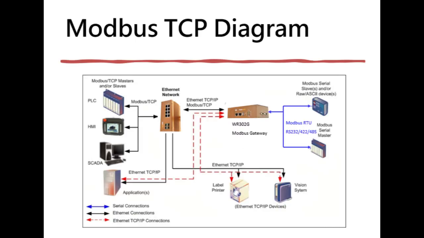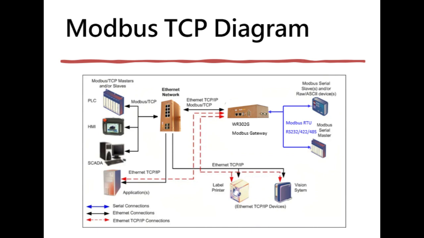This diagram illustrates the Modbus TCP application architecture. On the left side, we can see PLCs, HMIs, SCADA systems, and network switches, all communicating via Modbus TCP. The Modbus gateway in the middle can convert Modbus RTU protocol to Modbus TCP protocol, enabling them to be managed under Modbus TCP.